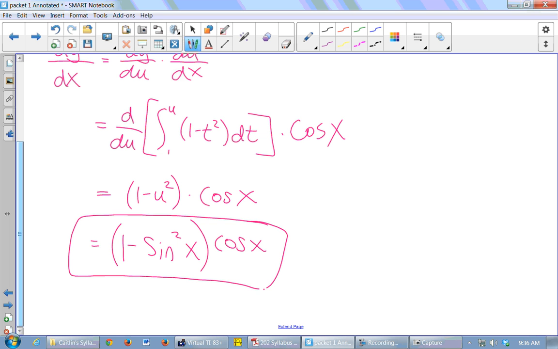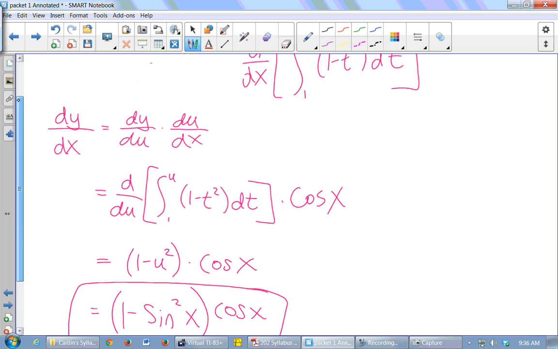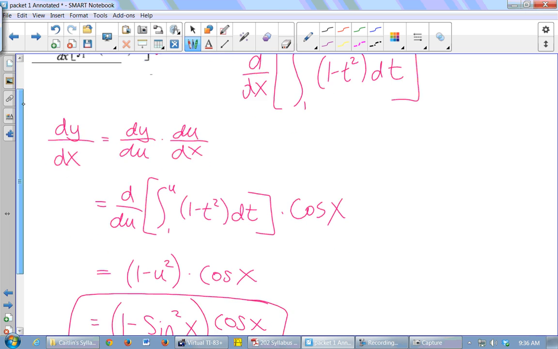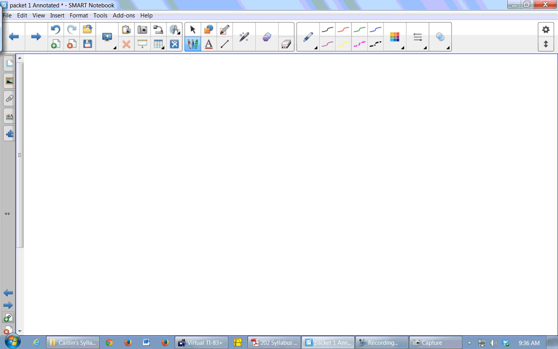So let's just verify that the answer comes out the same if we do all the work out and not use fundamental theorem part 2. So this is integral 1 to sine x of 1 minus t squared dt.